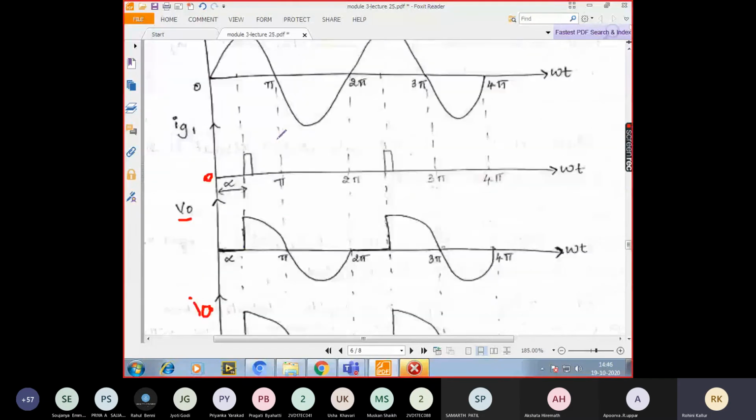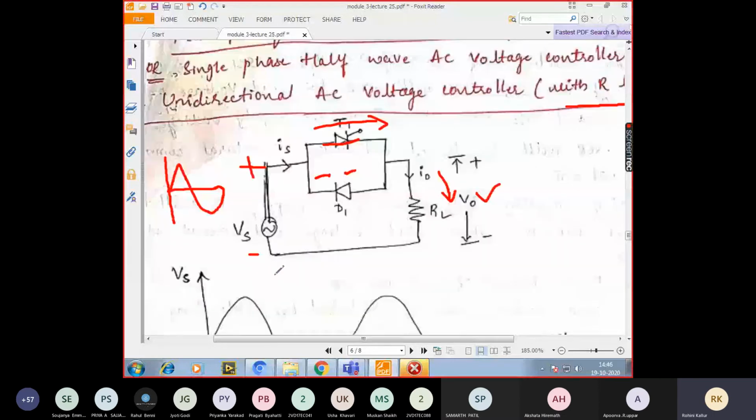Then what happens? At omega t equal to alpha, I am giving a gate pulse, because of which the device triggers. When the device is triggered, it acts as a short circuit. The current flows from the positive terminal through the thyristor, through the load, and then back to the negative terminal.